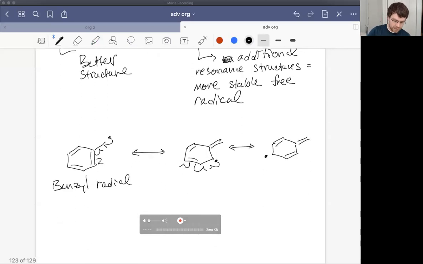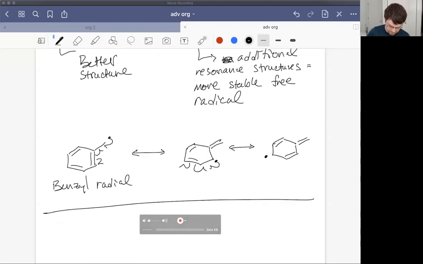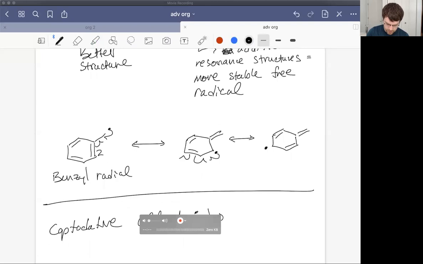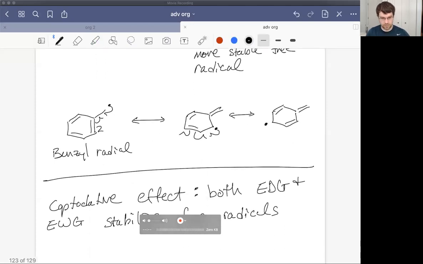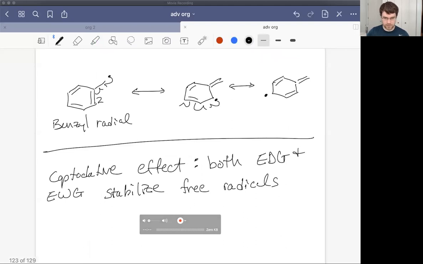So in the captodative effect, what we see is that both electron donating groups and electron withdrawing groups stabilize free radicals.